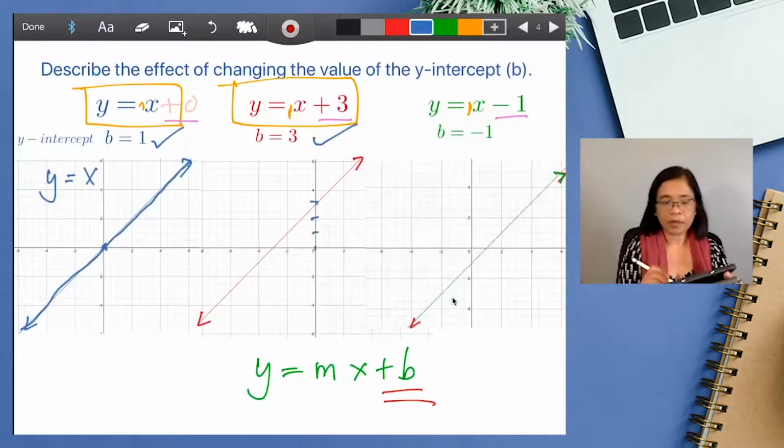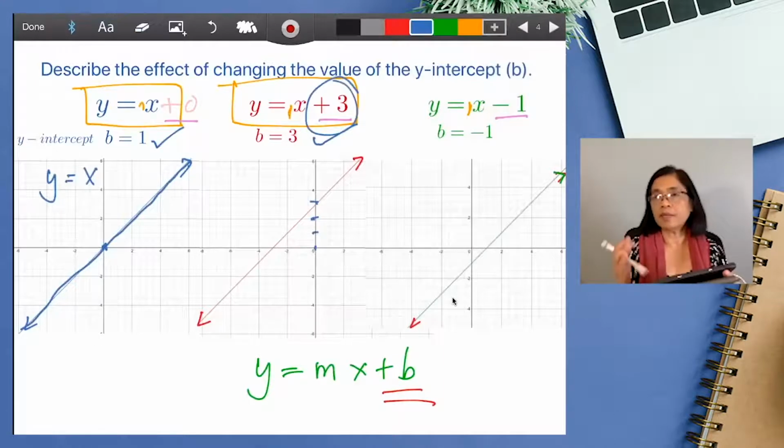Any point is moved 3 units up from the blue line to the red line. So the plus 3 here represents the movement of the graph of y is equal to x 3 units up.